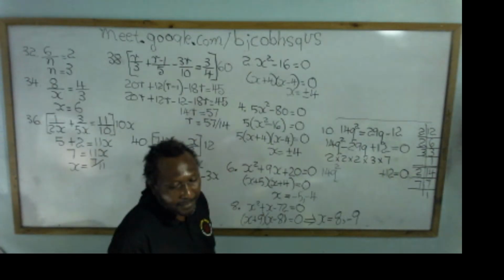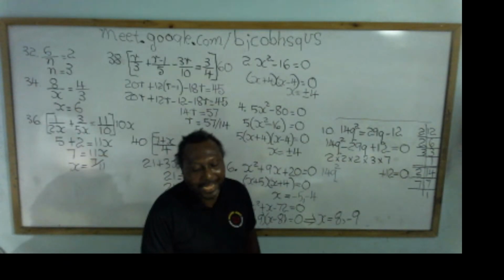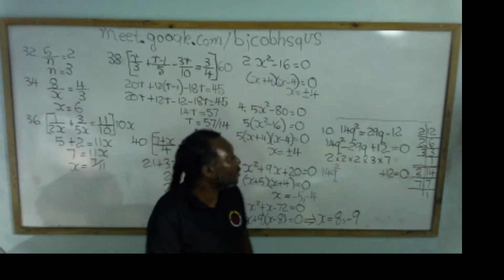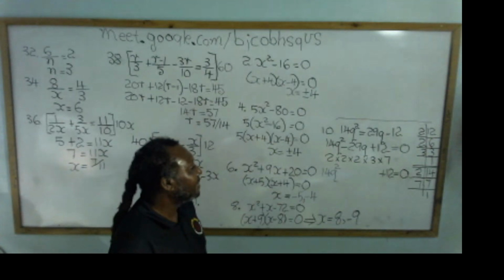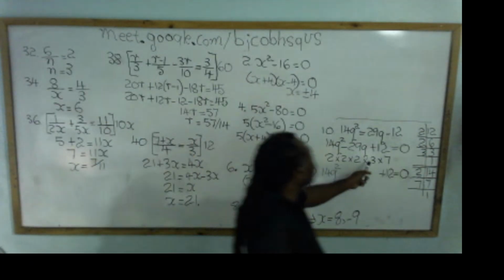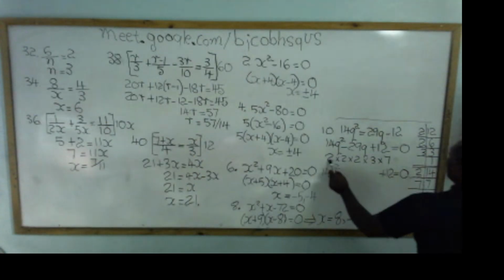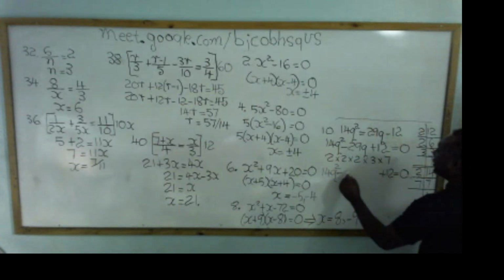For a sum to be odd, one of the numbers must be odd and the other even. There are only two ways, but the first one is evident. So it's going to be 3 times 7, 21, and 2 times 2 times 2, 8. So we're going to have minus 8q minus 21q.